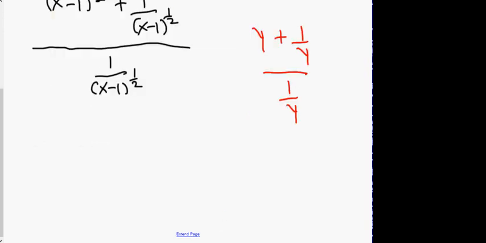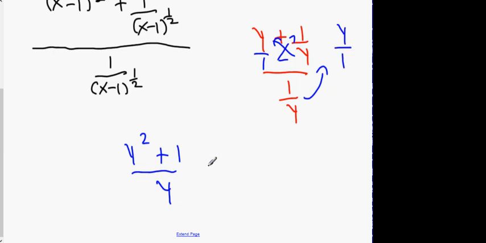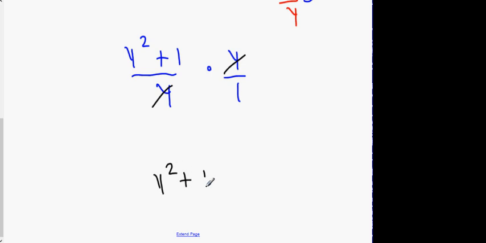So I'm going to show you, on top, what we're going to have is our three numbers. So we're going to end up with y squared plus 1 all over y. Remember, when you're dividing by a fraction, you bring it up and you turn it upside down. Y over 1. Now what happens is, the y's will cancel, and you're left with y squared plus 1. Now remember that y is x minus 1 to the power of a half.